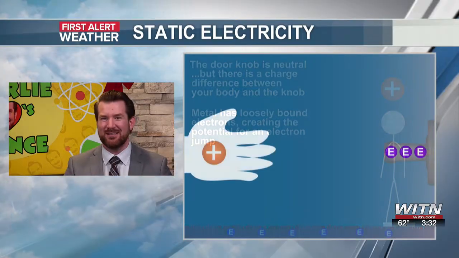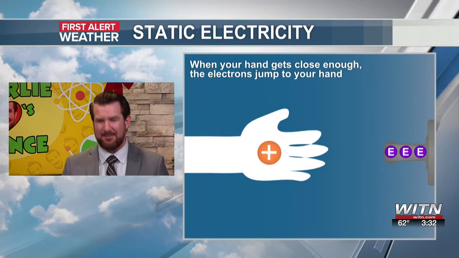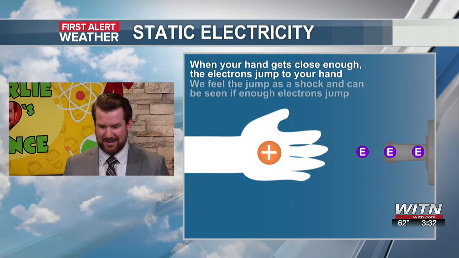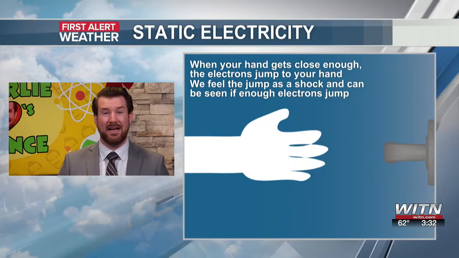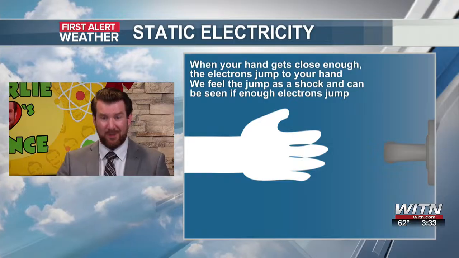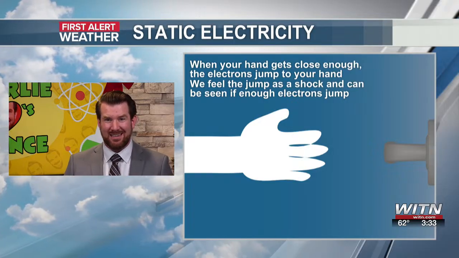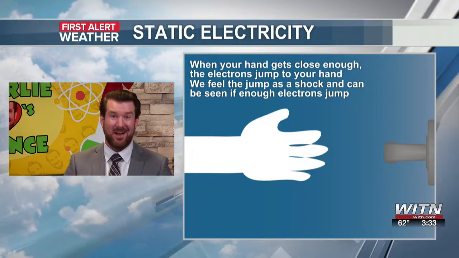So here is a zoomed in look at exactly what happens when your hand gets close enough to those electrons. They make the jump towards your hand because it's trying to get everything back to equilibrium. It's trying not to have that difference in electric charges. So we feel that jump as a shock, and if it's strong enough, we can actually see that shock happen.